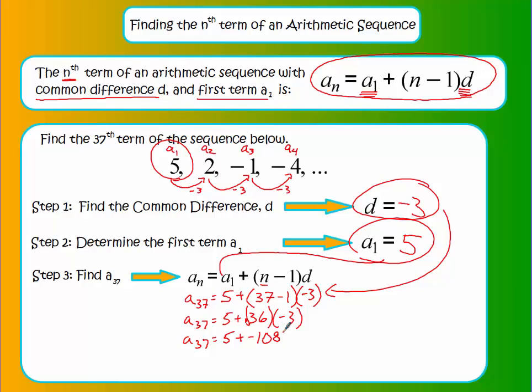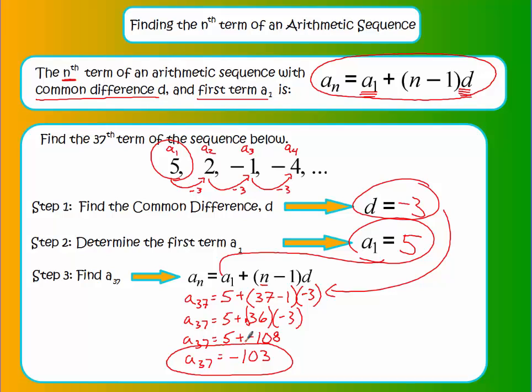And 5 plus negative 108, so a sub 37 is going to be negative 103. So the 37th term in this sequence is going to be negative 103.